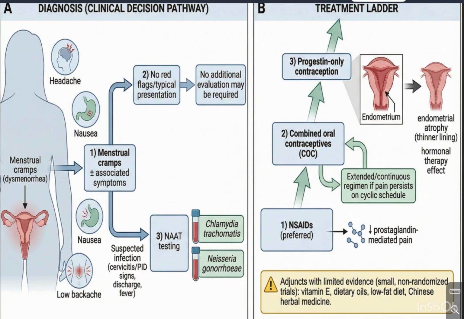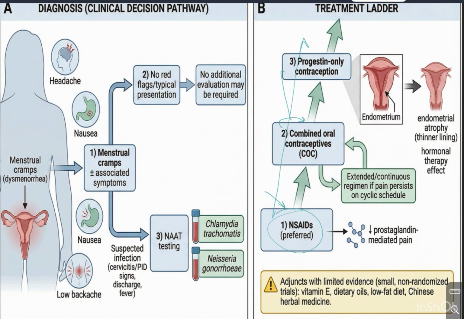The treatment actually starts with NSAIDs. They are simple and also preferred, and we escalate according to symptoms. So if the woman still has pain after taking NSAIDs, we will go to the combined oral contraceptive pill, or even a continuous regimen if pain persists, and we can also give progestin-only contraception.